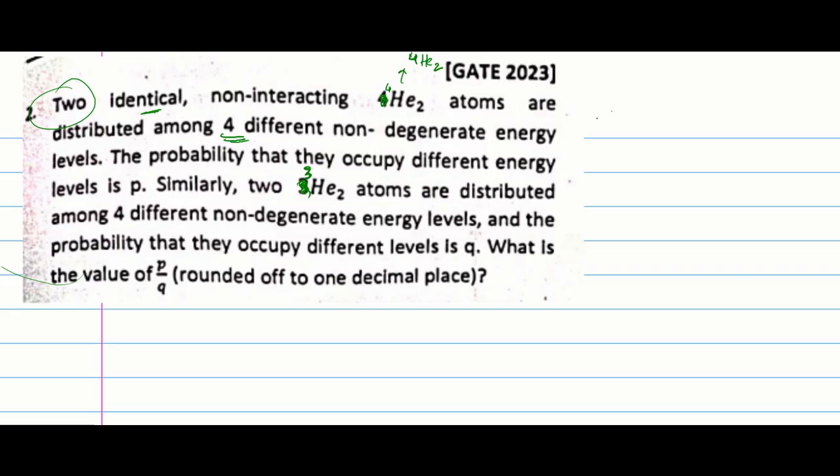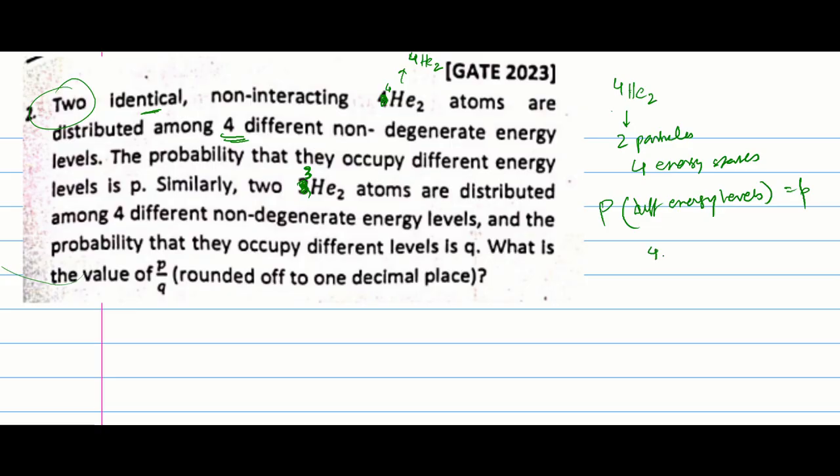Okay, so there are two particles and 4 energy states. The probability that they occupy different energy levels is P.